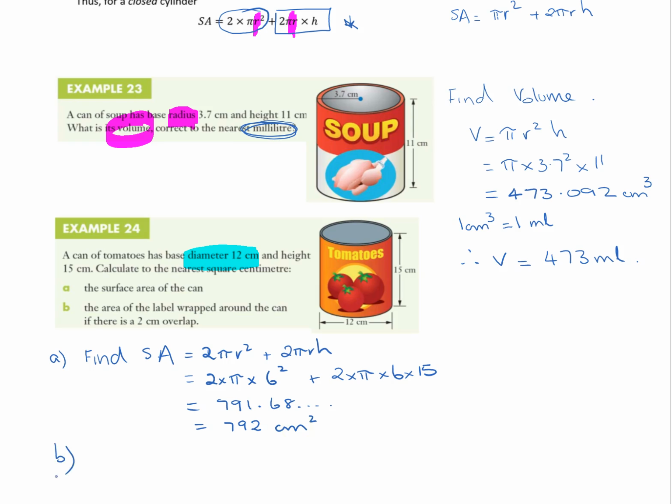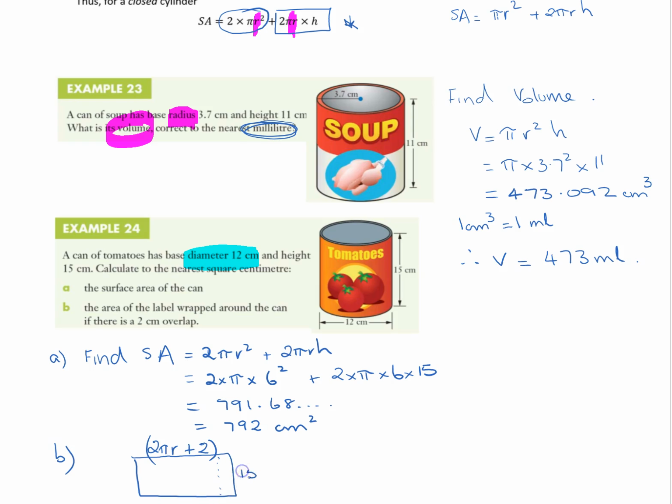Let's have a look at B. We're to find the area of the label wrapped around the can if there is a 2 centimetre overlap. So instead of the rectangular piece being exactly 2 pi r long, which is the circumference, it'll be 2 pi r plus 2, another 2 centimetres. So that's how we cope with the additional 2 centimetres long.